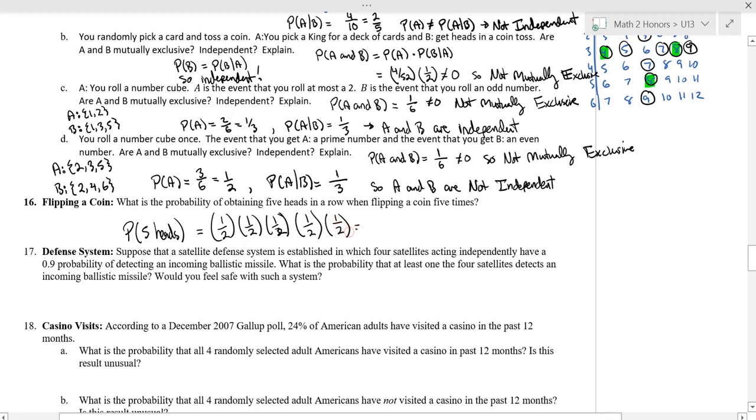That's one way to do it, and we end up with 1 out of 32. You can also use the fundamental counting principle and combinations like we did prior, but you can also use this formula here.